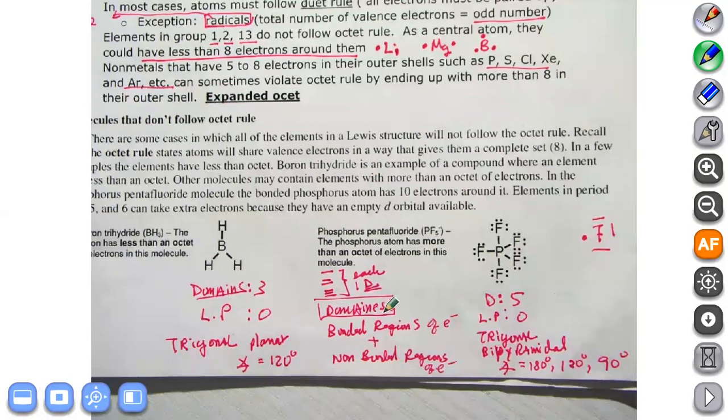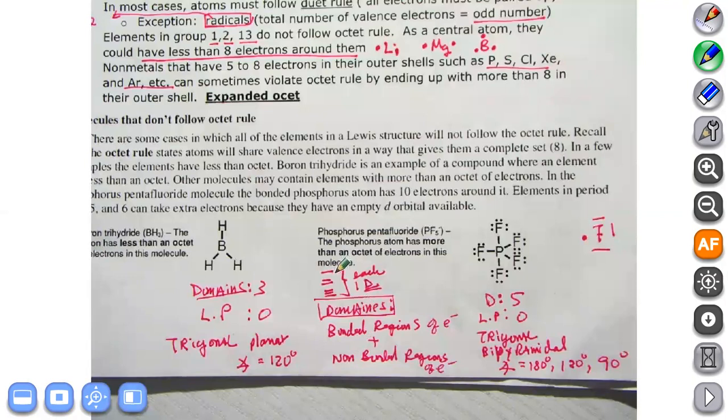When I say domains, it means all the regions, which are also groups of electrons, around the central atom that are either bonded or non-bonded. You add them up together. So any regions or groups of electrons around the central atom, we would say they are the domains.